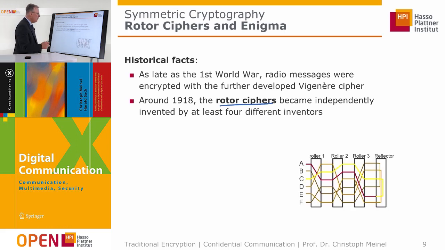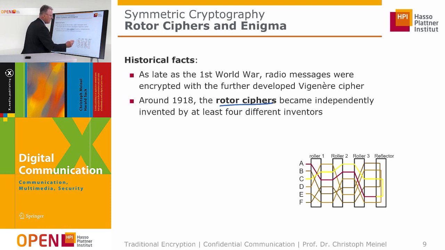rotor cipher works as follows. One has different rotors which can be moved, and on each entrance there is one letter. Inside the rotor there are different connections for the single letters, so it is a permutation cipher.